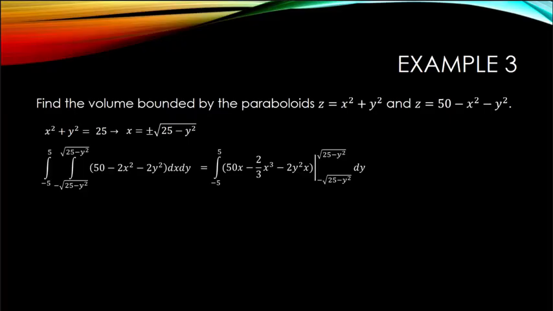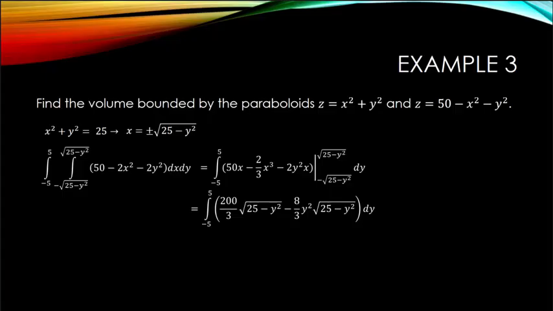I compute the integral from the inside, and I get the integral from -5 to 5 of the quantity 50x minus 2/3 x cubed minus 2y squared x, evaluated from negative square root of 25 minus y squared to square root of 25 minus y squared dy.